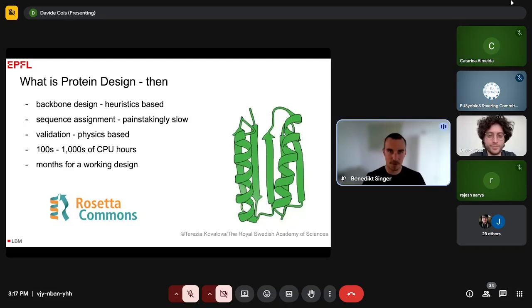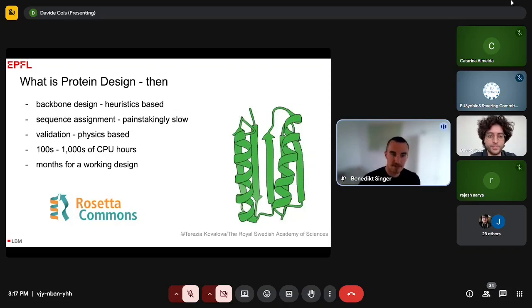I think some of you already attended Ayaan's talks, where he introduced Rosetta to you. To me, this is part of the earlier methods. But now with the advent of deep learning, and with many more methods coming from different labs, the world of protein design has really changed a lot.